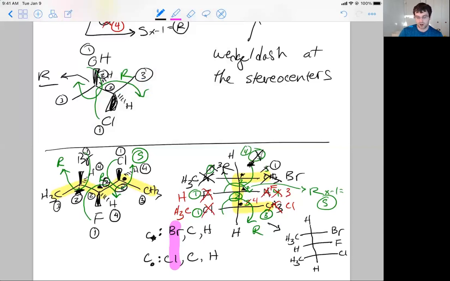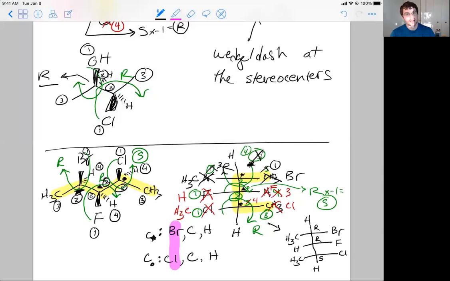That should give us R at the first 2 stereocenters and then S at the bottom stereocenter. And I'm just doing a quick check, and it looks like that is the case.